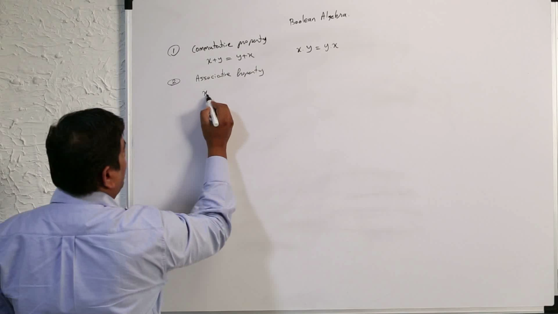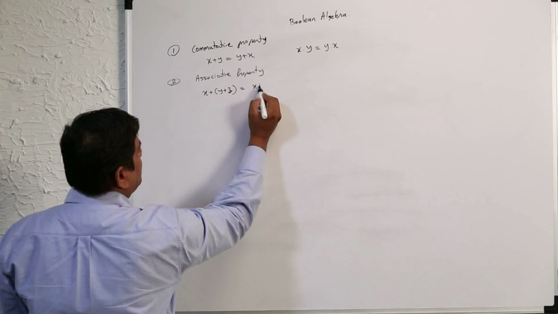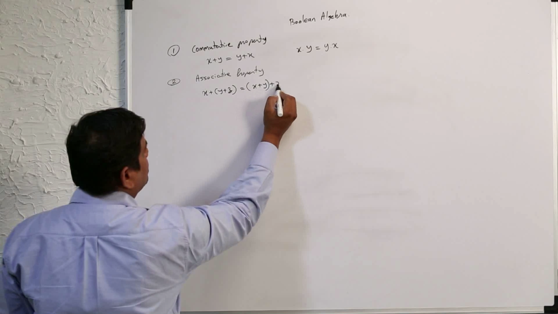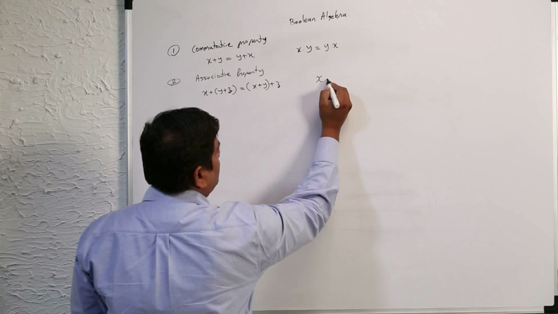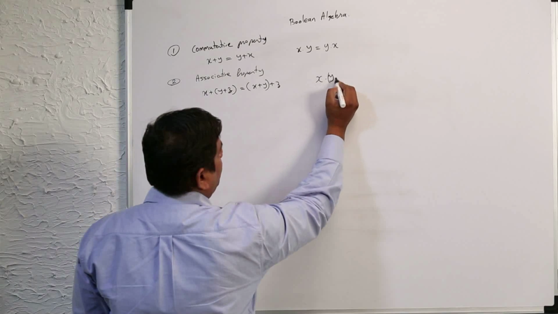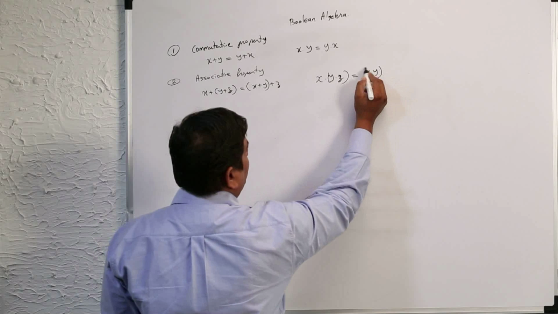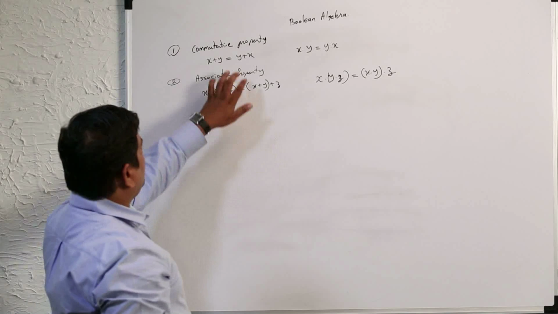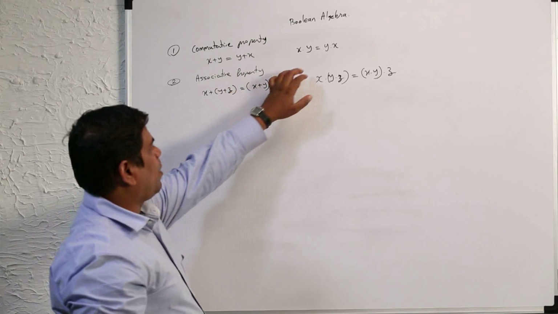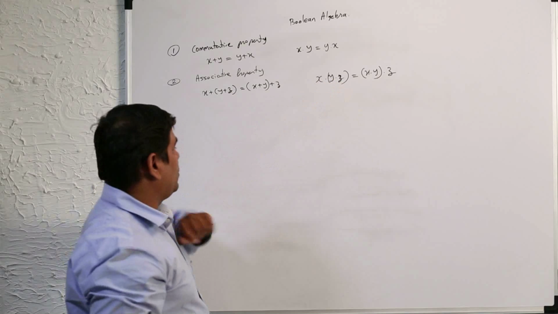It says x plus y plus z is the same thing as x plus y plus z, and the next one says x dot y dot z is the same thing as x dot y dot z. This is called commutative property of plus, commutative property of dot, associative property of plus, associative property of dot.